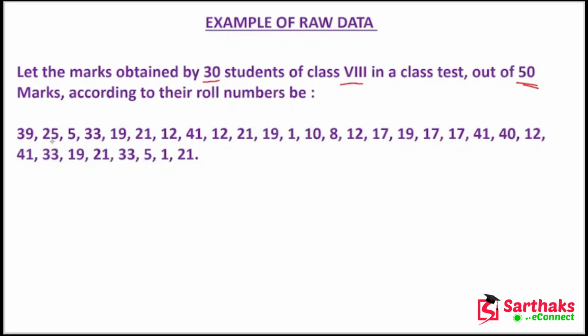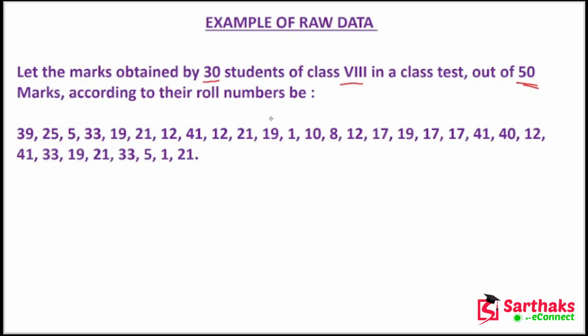So see, first student says 39, then someone says 25, then someone says only 5 marks. Very poor, right? Someone says 33, someone says 19, 21 and 41 marks. So you will get different kinds of marks. Now see, you are writing this particular data in this particular form, like separating them by comma in your notebook. This data is very unpleasant. It is very unorganized.